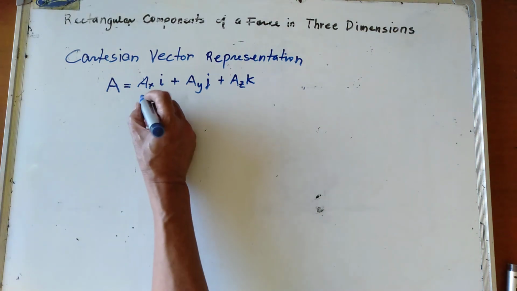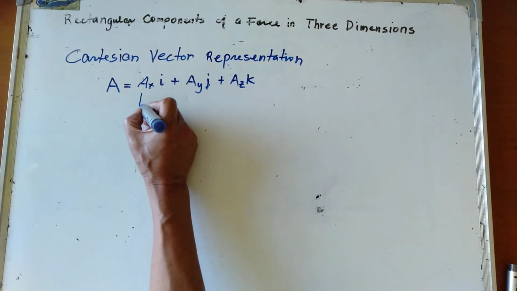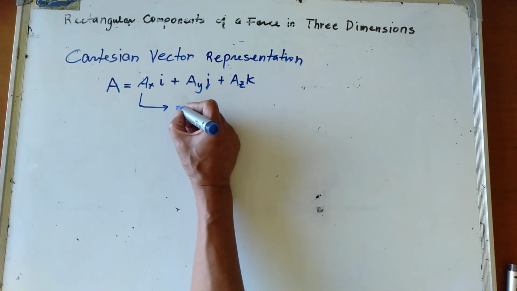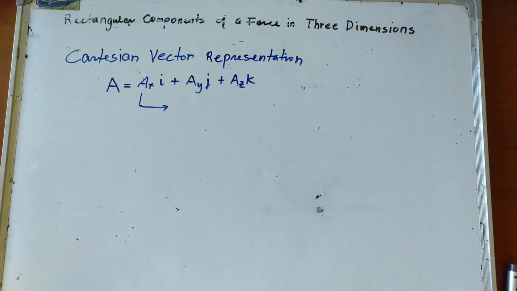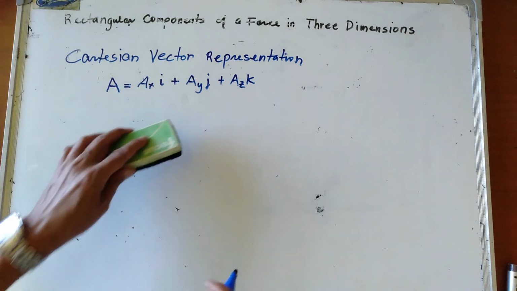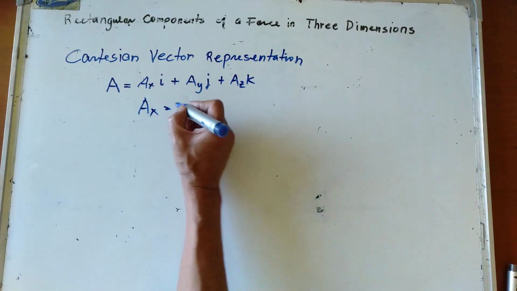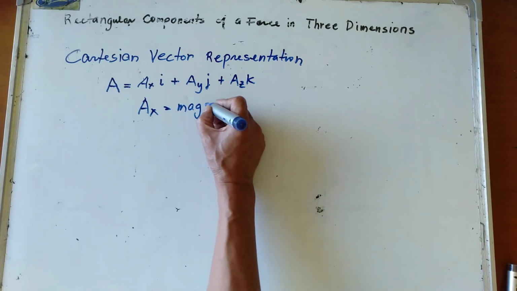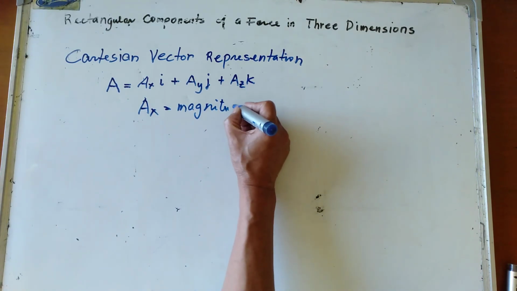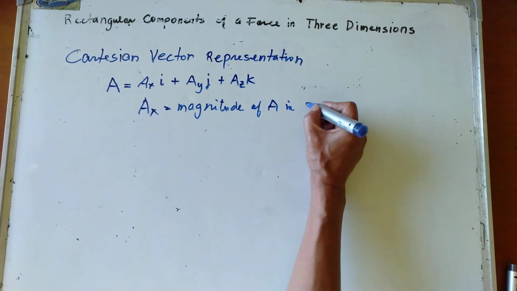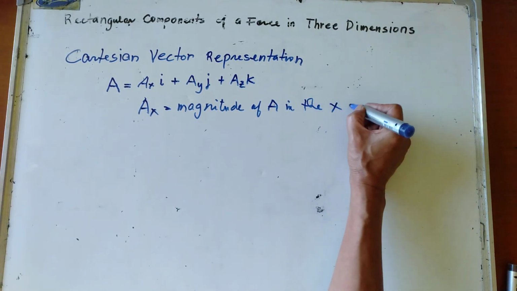Take note here that AX is the magnitude of the component of the vector A in the x direction.